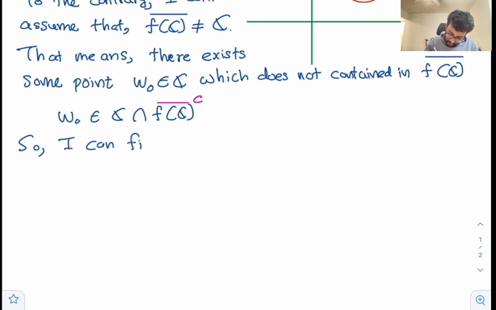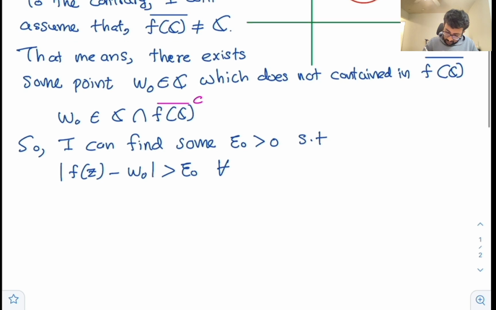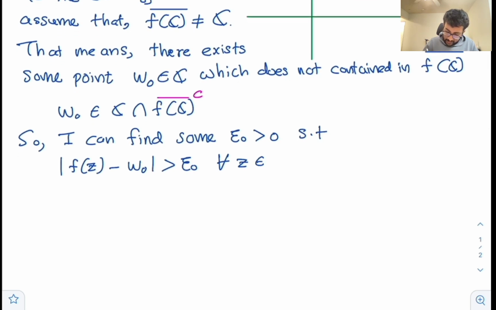I can find some epsilon naught positive such that |z minus w naught| is greater than epsilon naught for every z in C.